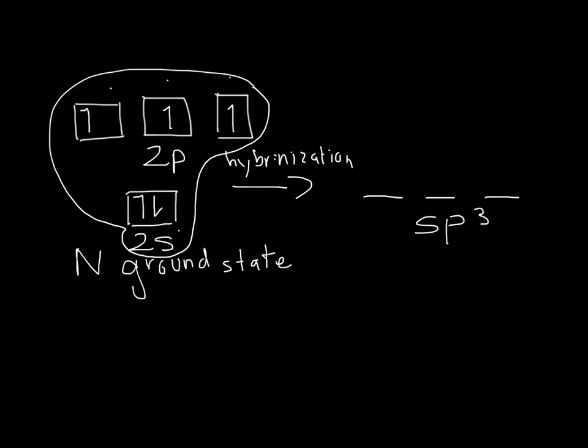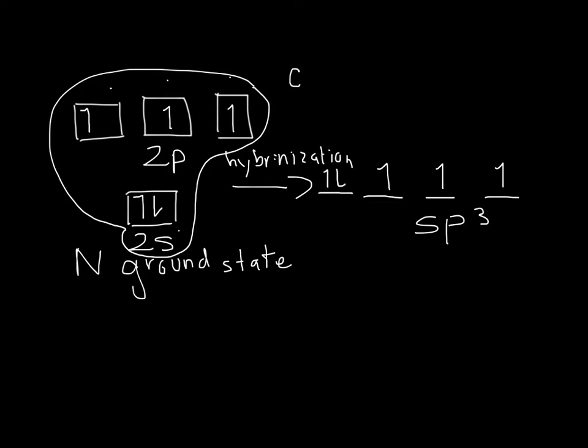But we forgot to draw 1. Okay, there you go. So now we have the pair of electrons for the 2s, and we're going to draw for 2p the lone pairs.